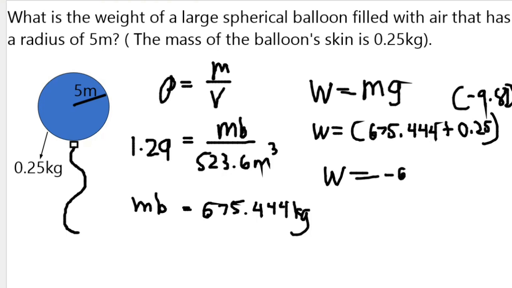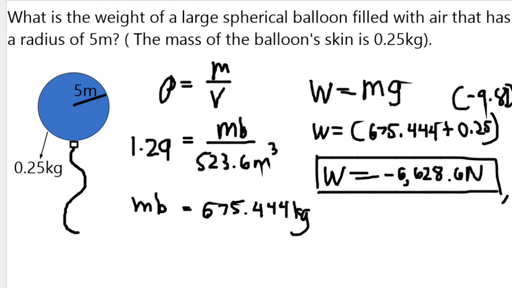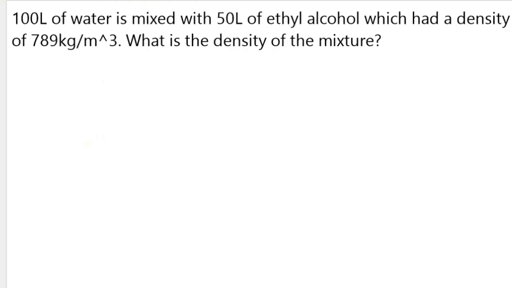This is going to be negative 6,628.6 newtons. This is the weight force that is acting on this balloon. So this balloon is not going to go up, is it? That's the force that's acting on this balloon.